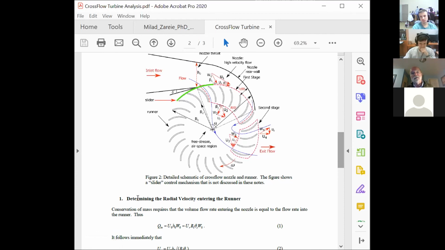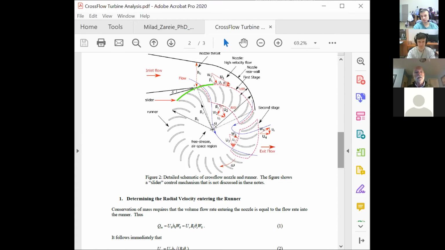And what I'm going to show you is that with those three principles applied in a very simple way, we can actually define many of the features of this turbine, and we can also determine the operating conditions that give us the best performance of this turbine.